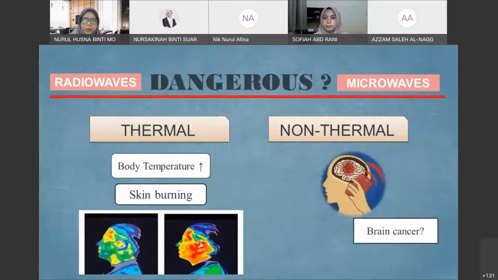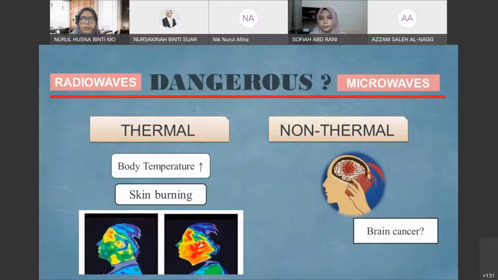Okay, so after we have learned about radio waves and microwaves, I think most of us are wondering: are radio waves and microwaves dangerous to us? Actually, there are two effects of this radiation, the thermal effect and the non-thermal effect.